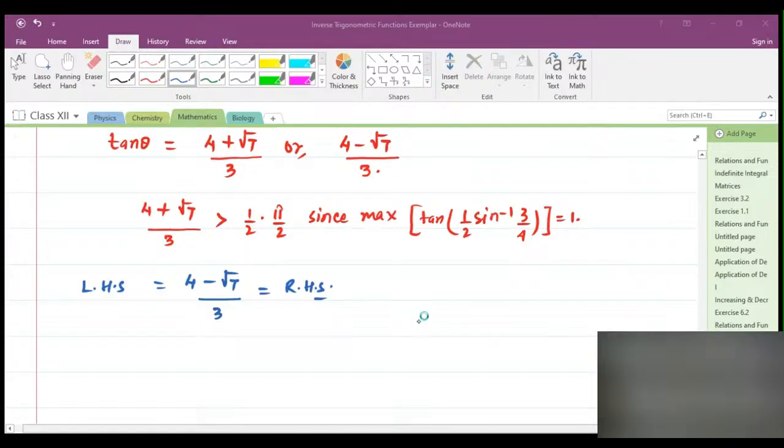Hope that there is no problem to understand the solution of question number 18. Let's see the solution of question number 19.